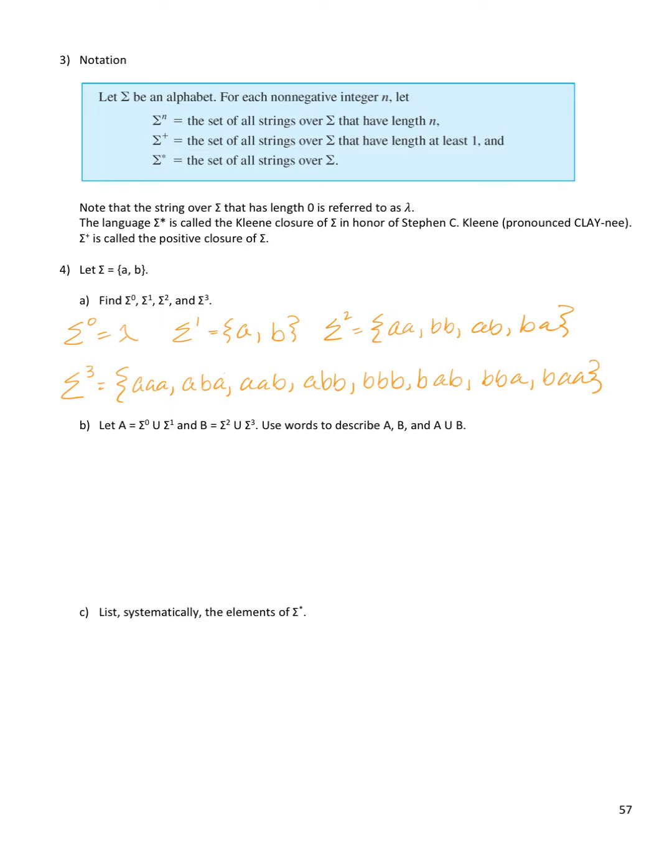That's all of them. Okay, so now we're going to let A be the union of sigma 0 and sigma 1. So I've got these two written down here.